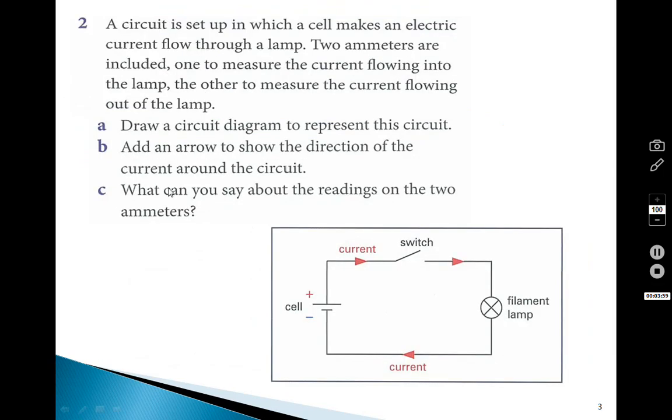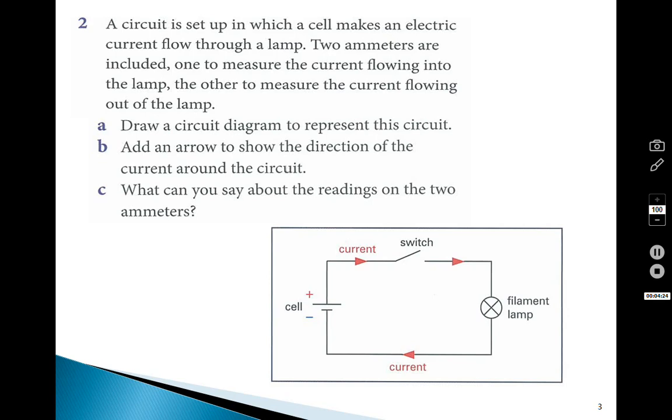Okay. On the same page, question 2. Question 2 says a circuit is set up in which a cell makes an electrical current flow through a lamp. Two ammeters are included, one to measure the current flowing into the lamp, and the other to measure the current flowing out of the lamp.